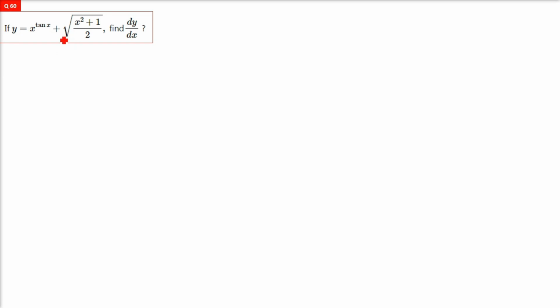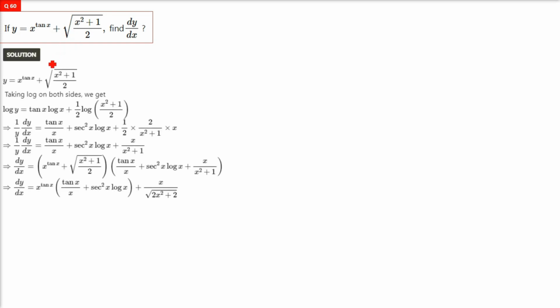Now this next question. y is equal to x to the power 10x plus under root x square plus 1 by 2. So the power, basically, you see, under root x is nothing but x to the power half. Third root of x is x to the power 1 by 3. So we have y equals x to the power 10x plus this under root term. So we'll take the log first, log y.